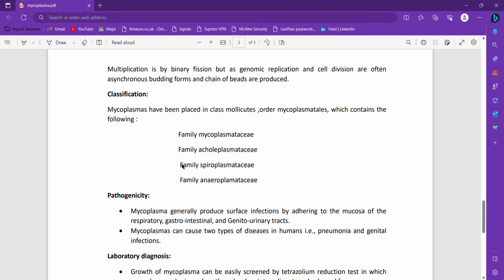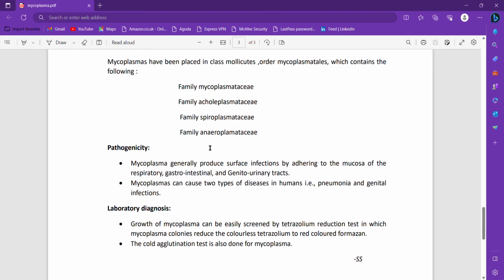And about the classification of mycoplasma, they have been placed in class Mollicutes, order Mycoplasmatales, which contains the following families: Mycoplasmataceae, Acholeplasmataceae, Spiroplasmataceae, and Anaeroplasmataceae.